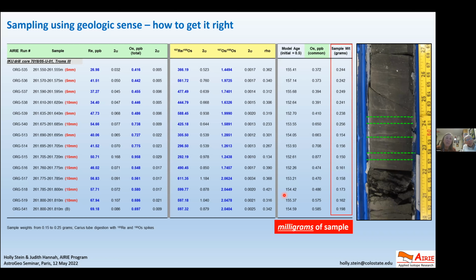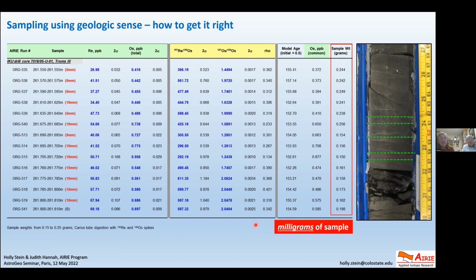I just put this slide back up because it shows the kinds of things we put in the data table for every step. You have the 2 sigma uncertainty estimated for each data point, and this is the error correlation between the X and Y axes on our isochron plot.